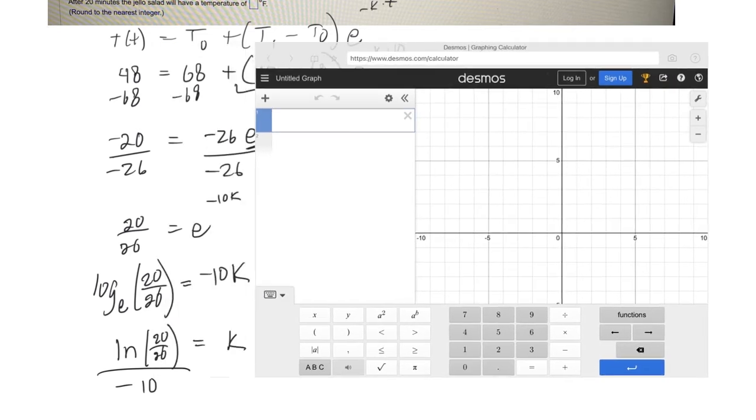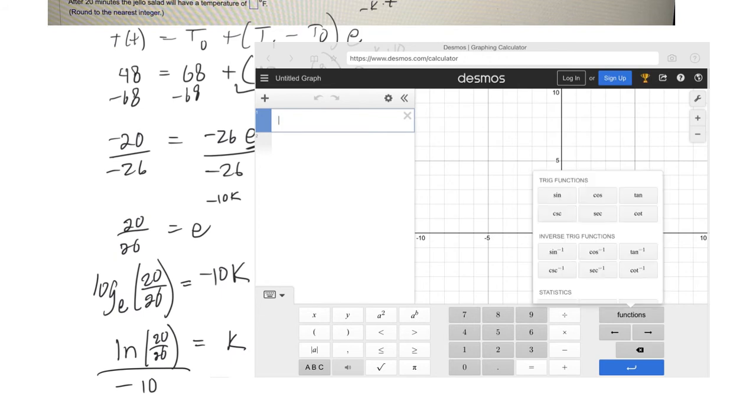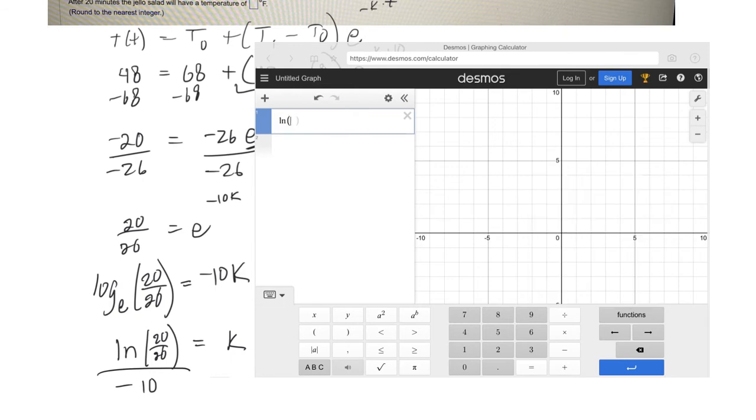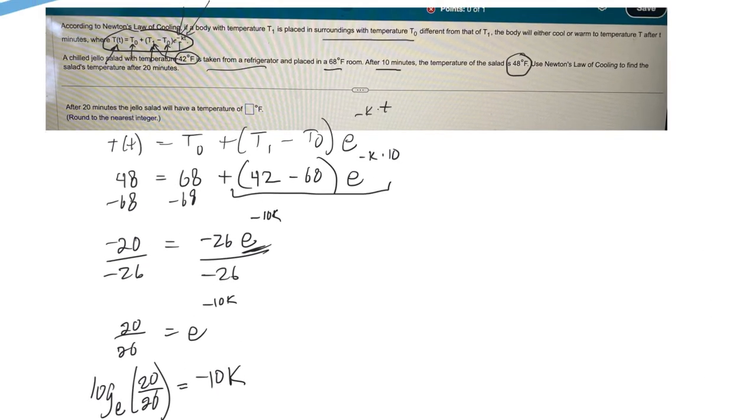So ln of 20 divided by 26, close my bracket, divided by negative 10. Okay, so the constant of cooling is positive 0.0262364. I'd like to use quite a few decimals there. So that gives me my constant of cooling.